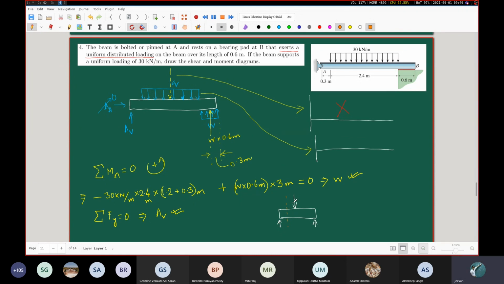However, if in the place of this you have a distribution of force like this, then the situation as far as the shear force diagram is concerned is completely different. If you take a cut section here, you will definitely have the contribution from this leftward reaction force.